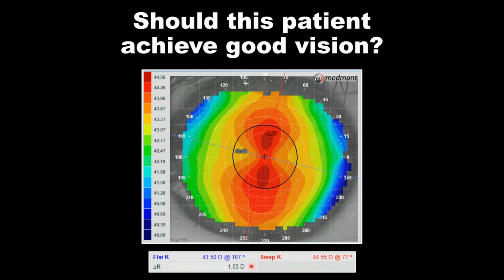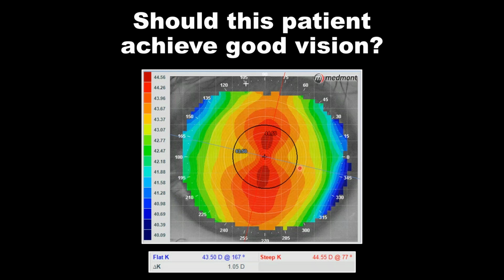When we compare that to this patient, now we see a little more corneal astigmatism. We might expect some refractive cylinder coming through. But let's ask ourselves the question, can we expect this patient to see well with glasses, with soft lenses, with rigid lenses? And of course, the answer is yes.